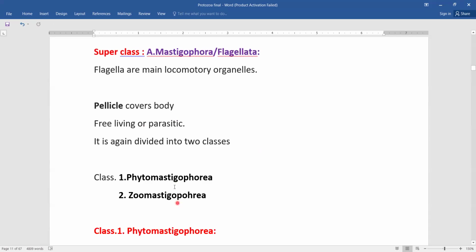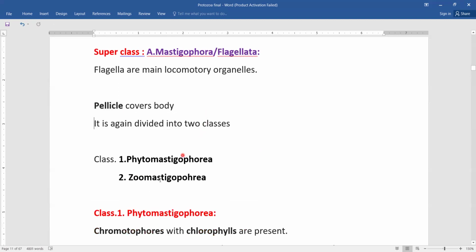Their body is covered with pellicle instead of plasma lemma.